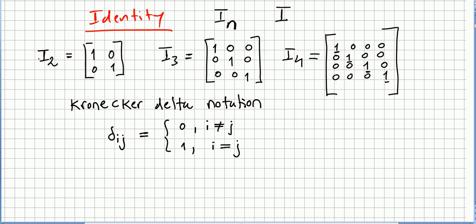So you see, in a 2 by 2, in this entry i is different from j, and in this one i is different from j, so you get a 0. And this is entry a11, and this is a22, so i is equal to j, and this is 1.